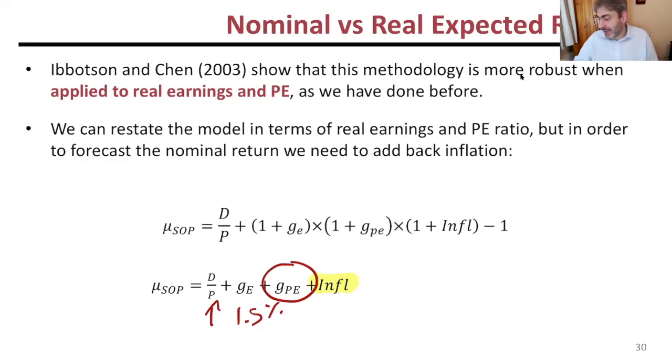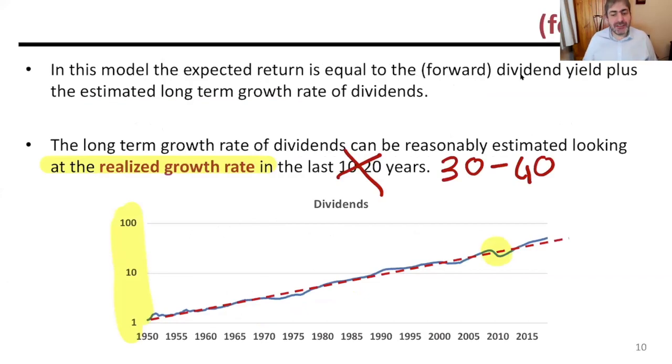So that's the key idea: the price earning works differently compared to all the other quantities that we have seen so far. If you remember, when we look at dividends, we said dividends have a trend that continues in time.